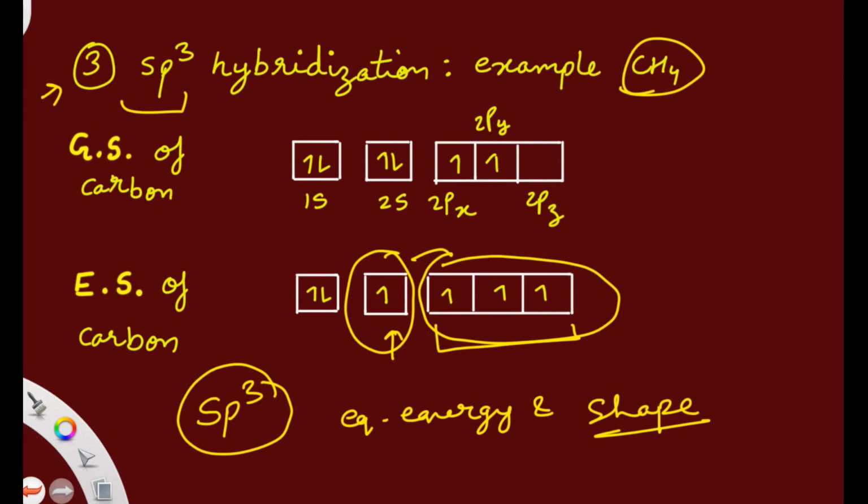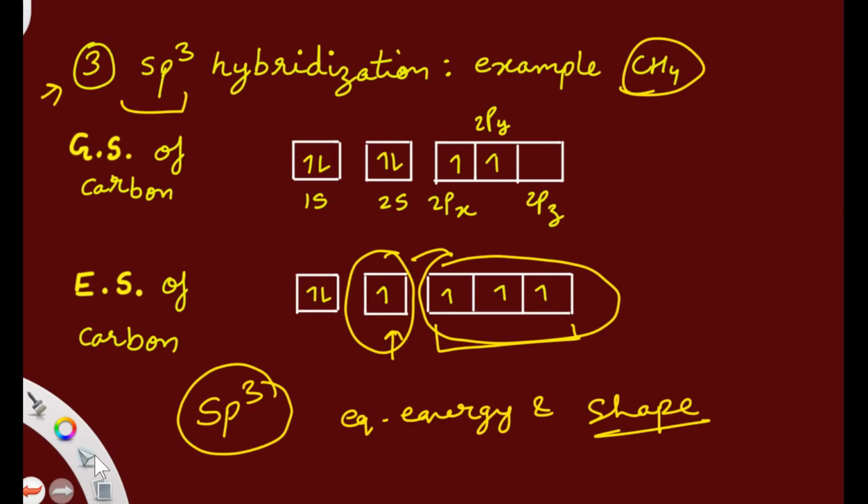Oh sorry, first let's take a look at the structure. The structure of CH4 will be like this. This is not the actual structure. This is made in 2 dimensions. Let me show you.